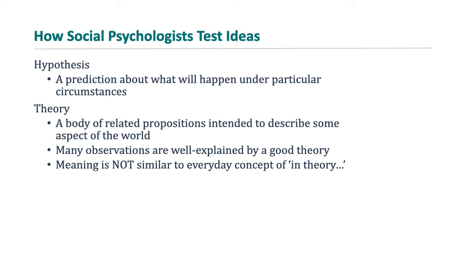A theory is a body of related propositions, that is, statements about how the world works, so that we have an understanding based upon a variety of observations, and a good theory explains these observations. And where you have relevant observations that don't fit the theory, you need to consider modifying the theory so that you can encompass all of the relevant data as it has come in.